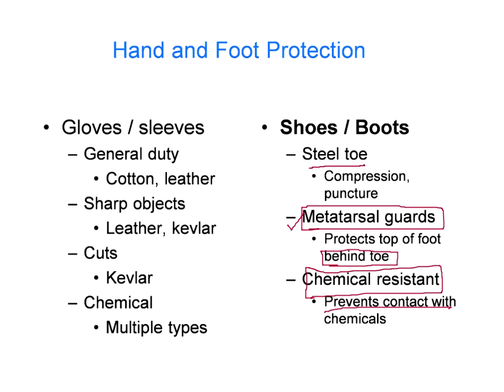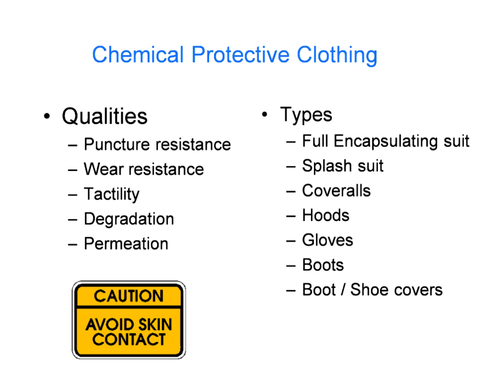It is protected by this material. Chemical resistant materials are also used for boots to prevent contact with some chemicals. The boots will not react with these chemicals. So you can select steel toe, metatarsal guards, or chemical resistant boots.